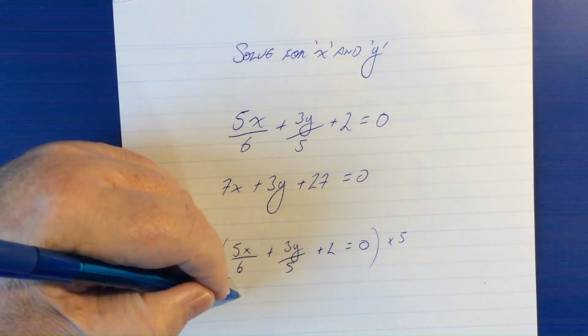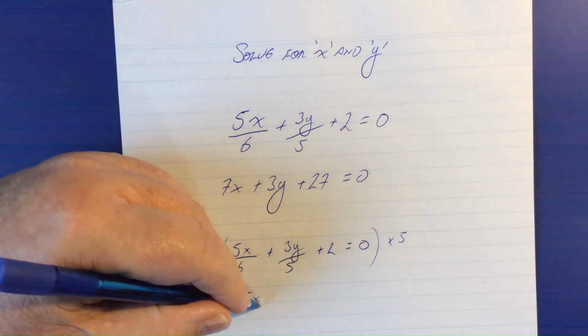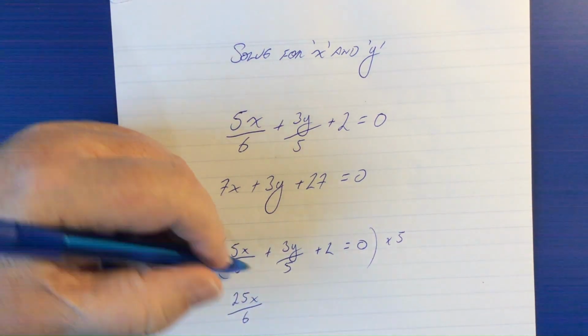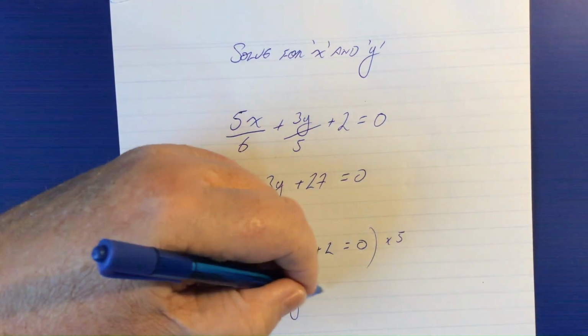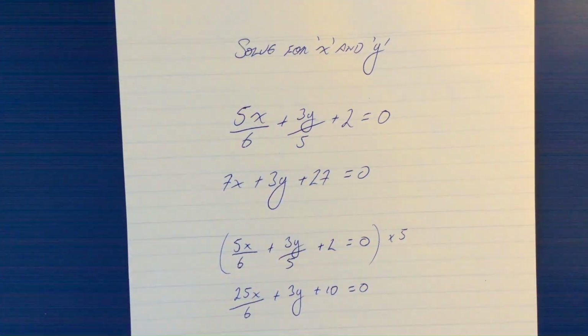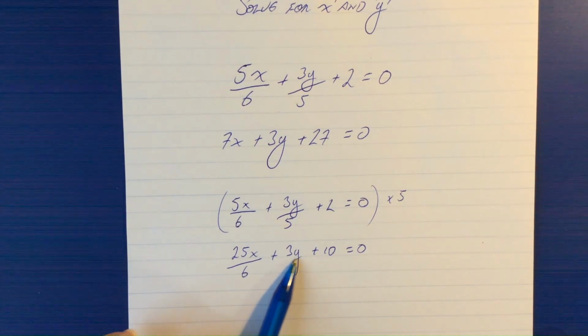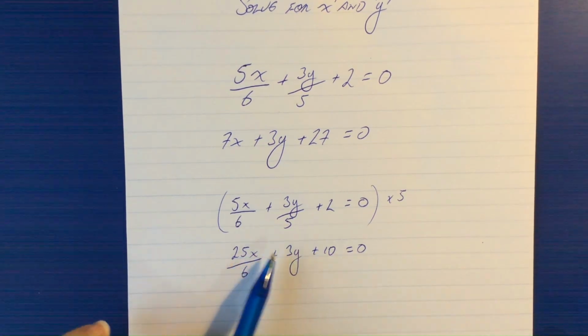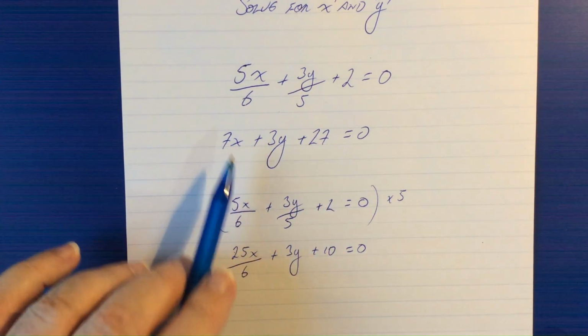And what we'll get for our trouble is 25x over 6 plus 3y plus 10 equals 0. And you can see what's happening here. Hopefully I'm slowly getting this into a shape that looks similar to this.